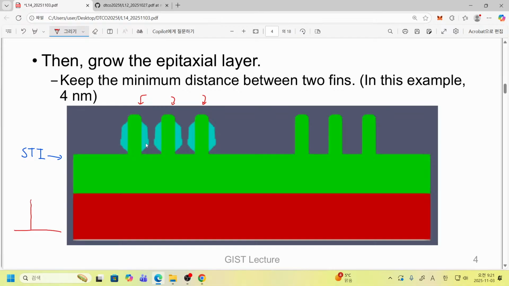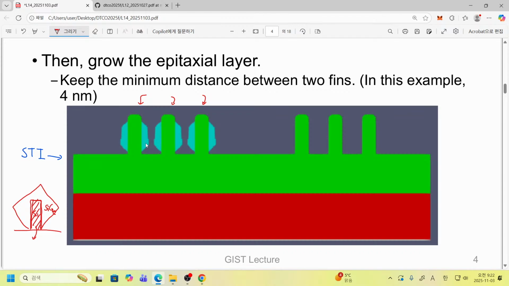Here we have a silicon channel, and if we just keep this silicon channel, then we will have silicon germanium just surrounding this silicon fin. However, the wanted direction of compressive stress is along this channel direction. So from the channel point of view, there is almost no stress applied to this silicon.